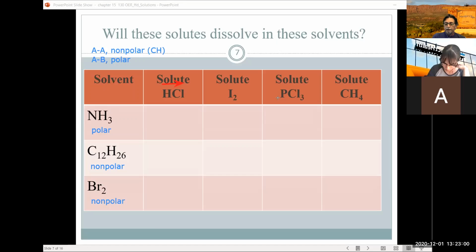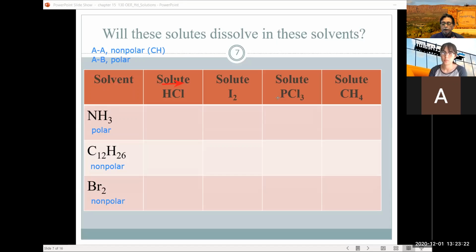And then we have PCl3, trichlorophosphorus, okay? Very similar to NH3, if we do the Lewis dot structures, guess what? We have a lone pair on that central phosphorus, so we've got an automatic polar molecule there.